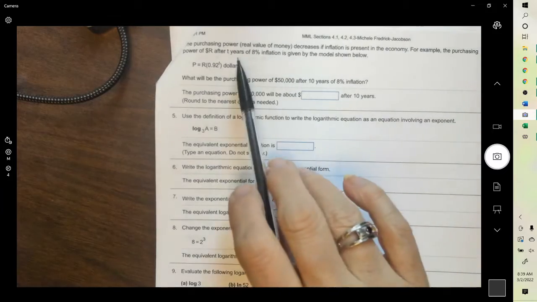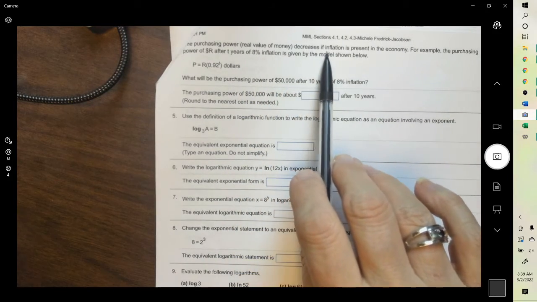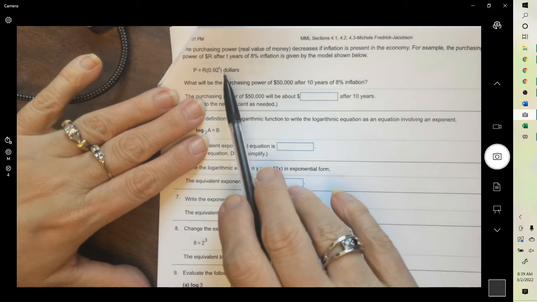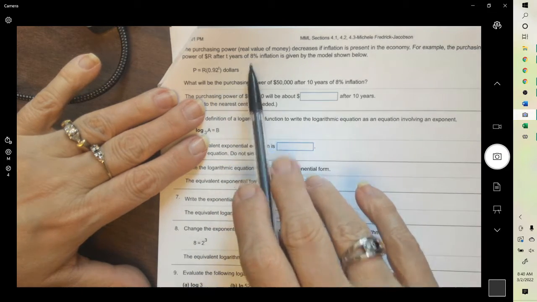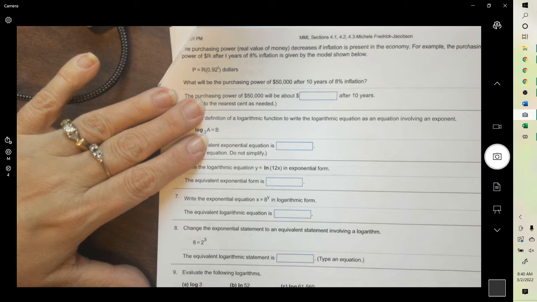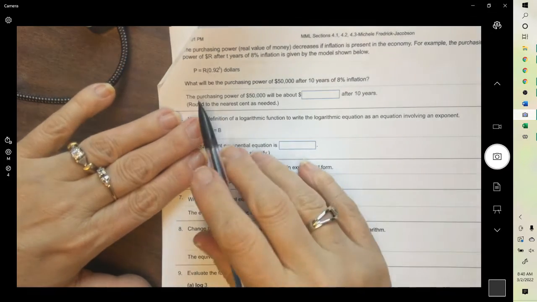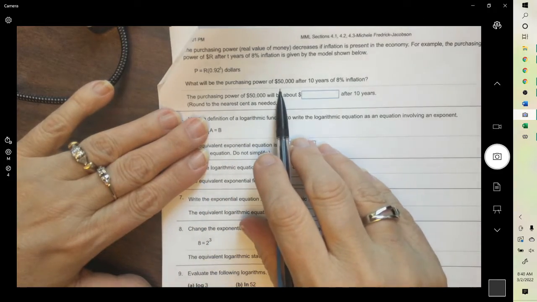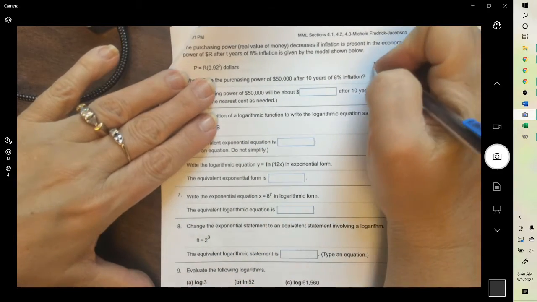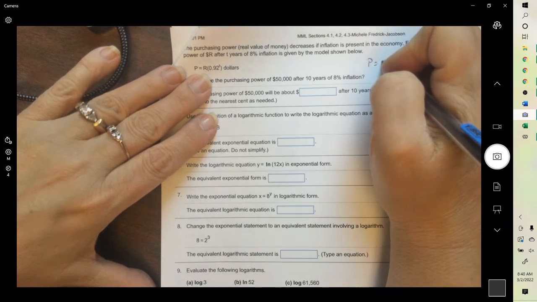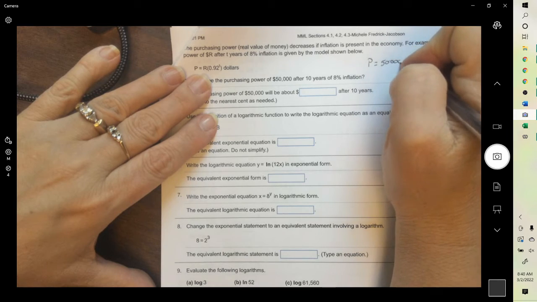The purchasing power decreases if inflation is present in the economy. For example, the purchasing power R after T years of 8% inflation is given by this model. What will be the purchasing power of $50,000 in 10 years? So P is purchasing power. R is the amount of money, so we're talking about 50,000.